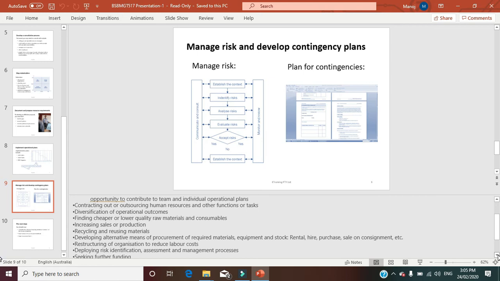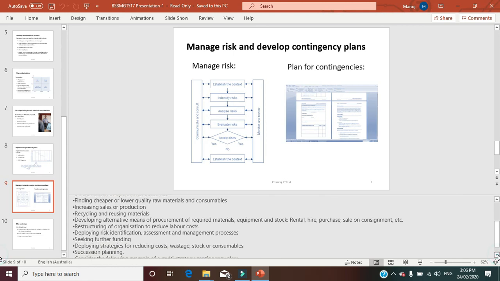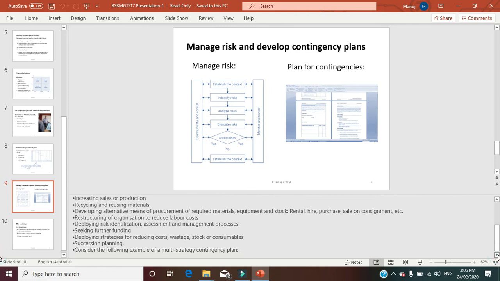So talking about restructuring of the organization to reduce labor cost, it means sometimes you might need to reduce the cost of labor, meaning the human resources have to be cut down if your business is not doing really well. Adjust the roster. That should also be in the contingency plan, and always seeking further funding, deploying risk identification, assessment, and management processes.